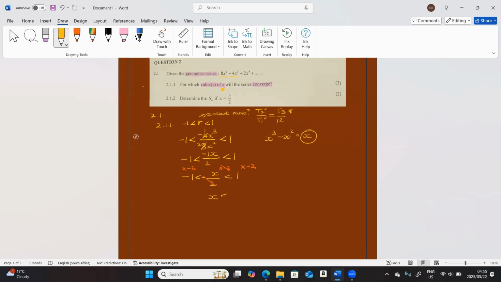Okay, so let's just do this, guys. I want to show you that you can leave your inequalities this way, but you can then just change your numbers around, because your smaller number should be on the left-hand side and your bigger or greater number should be on the right-hand side. Then you automatically correct the greater than and smaller than that changes because you divide by a negative.